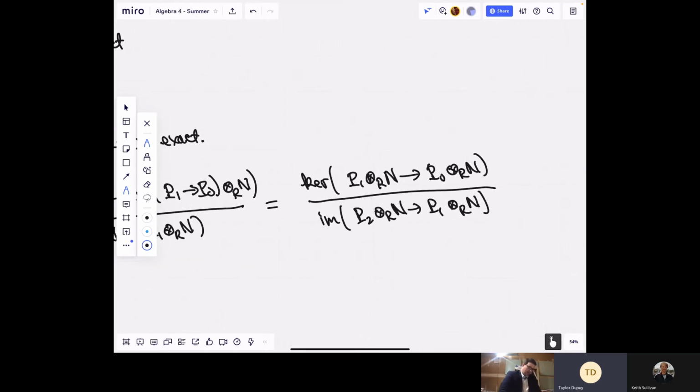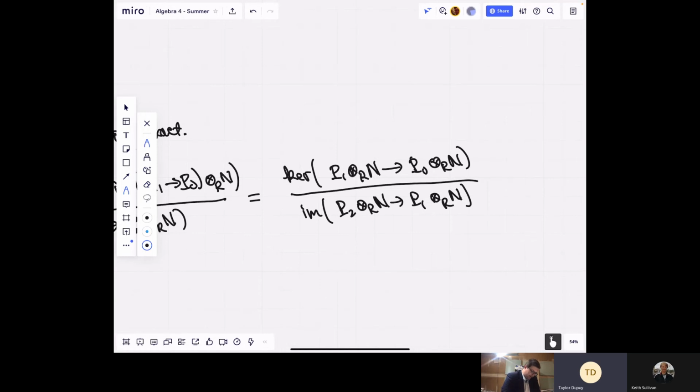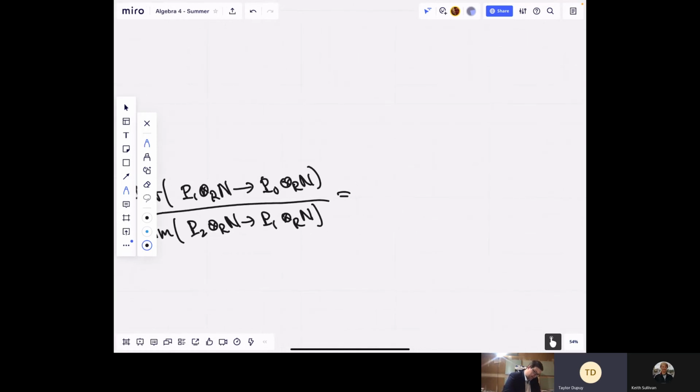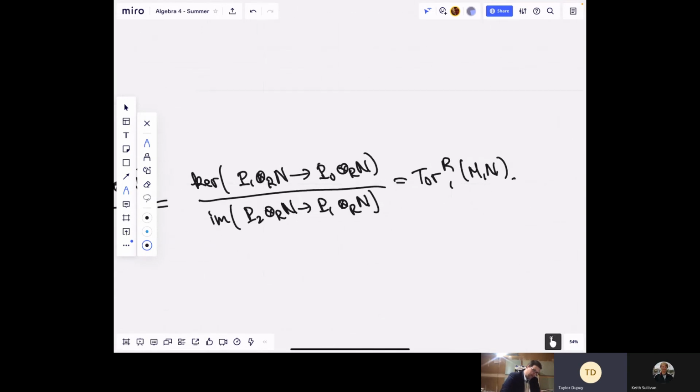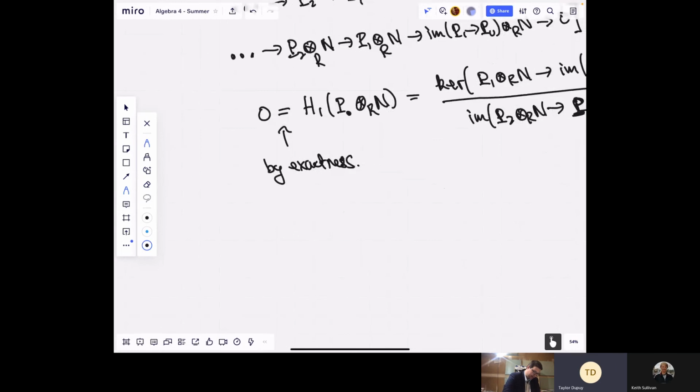Okay, so this is Tor 1. And actually the same thing holds for the higher ones, and it's much easier because you don't have to truncate.